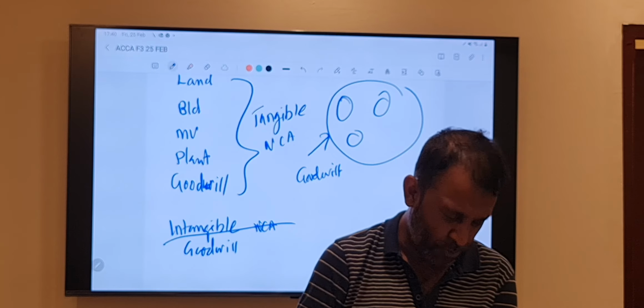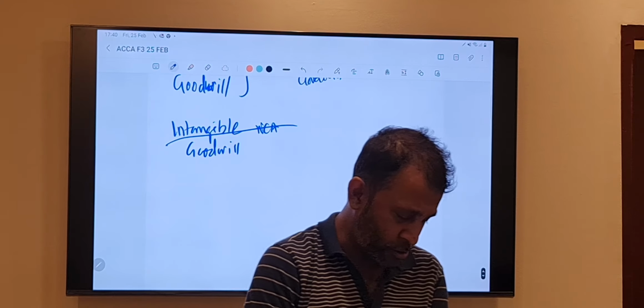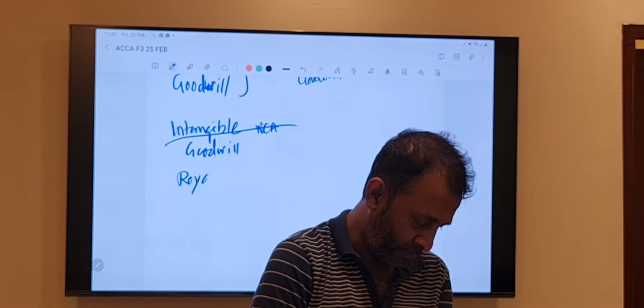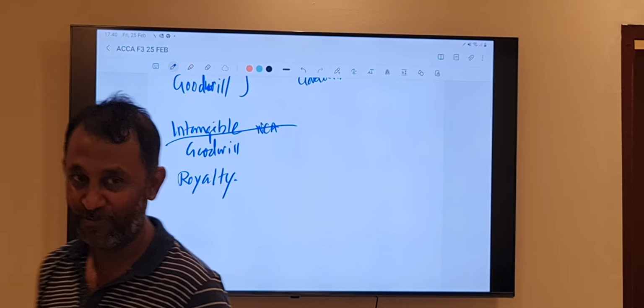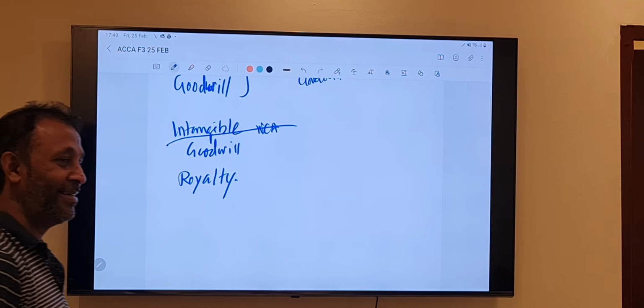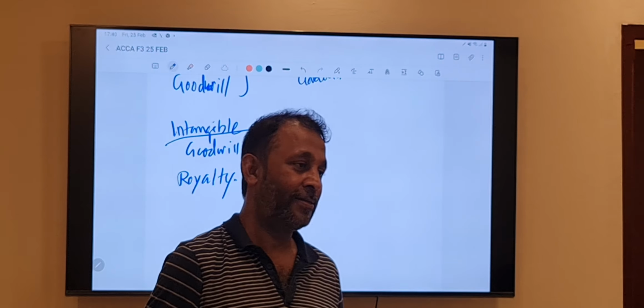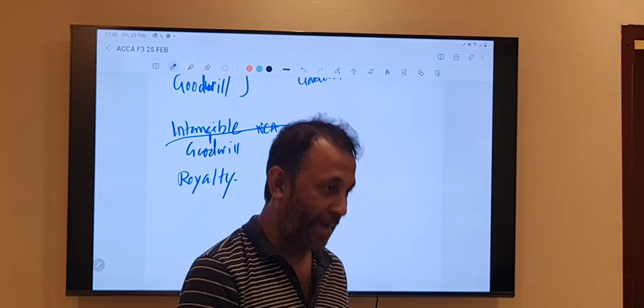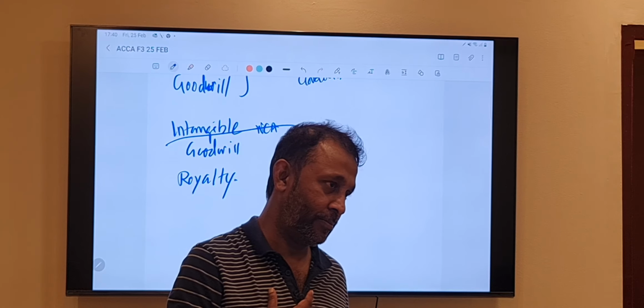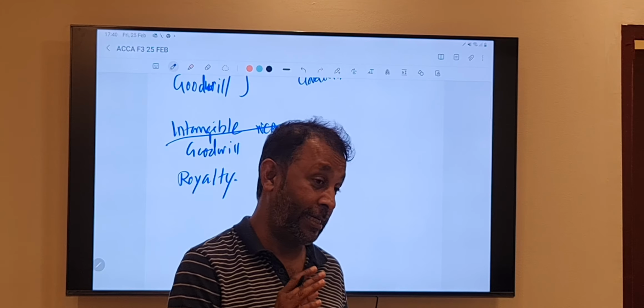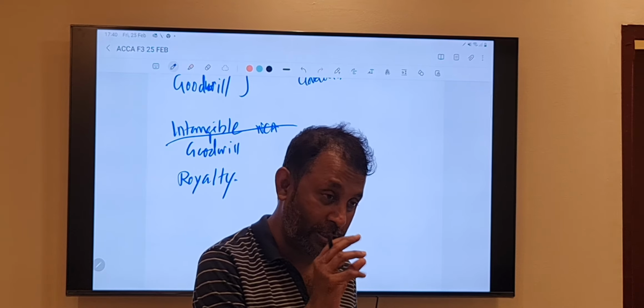Under that, the main example is goodwill. But more than goodwill, we also have something called royalty. Royalty is fees that we pay for intellectual property.